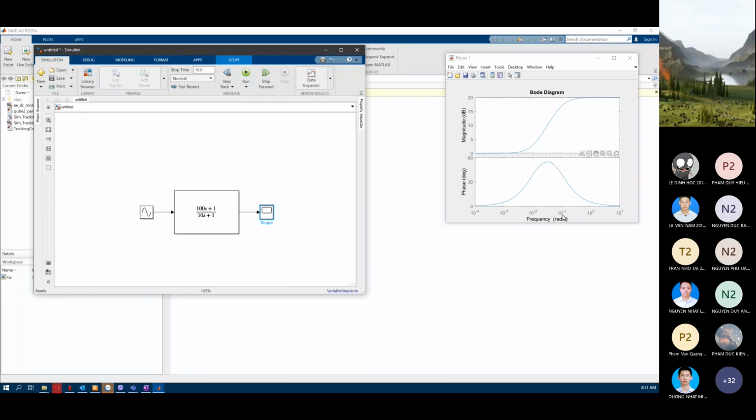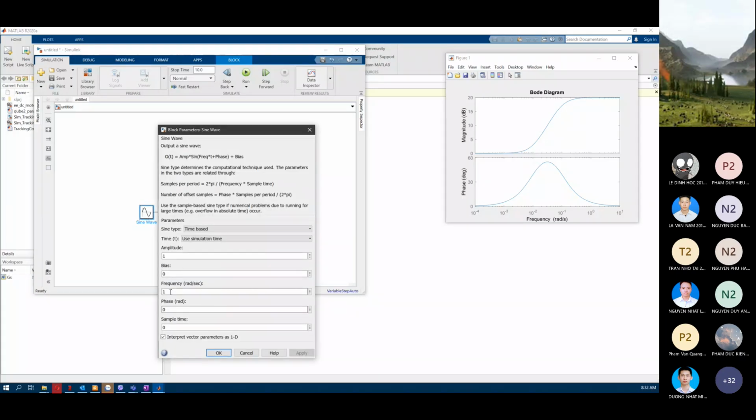And for example, here we have the frequency, when we have the frequency smaller than here, radian per second. For example, we try to simulate with the frequency of 0.0002 radian per second.